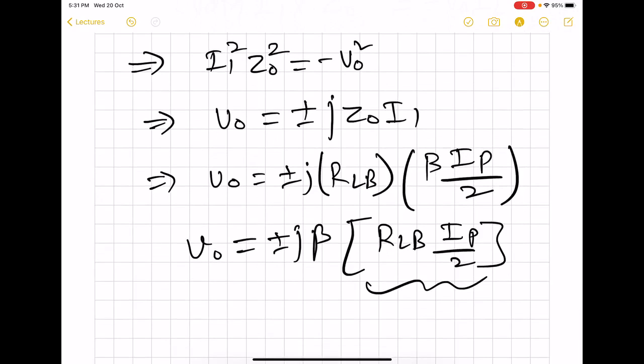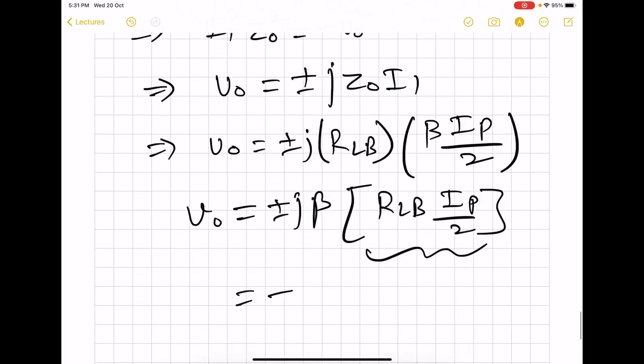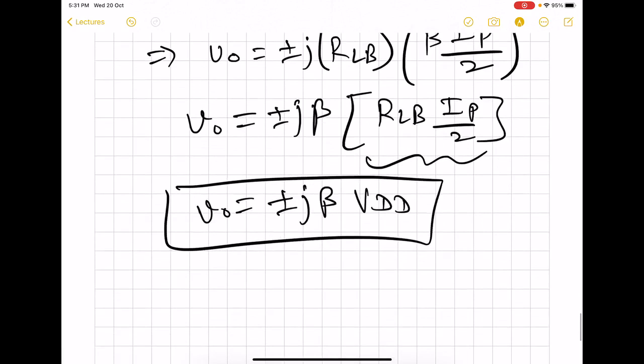But this factor is equal to VDD. So here we see that the output is indeed proportional to beta. That means it is varying linearly with respect to the input, which is required.